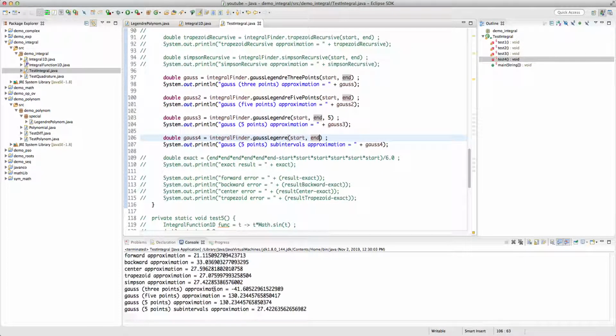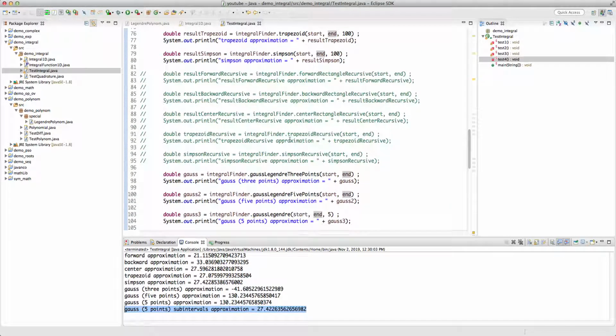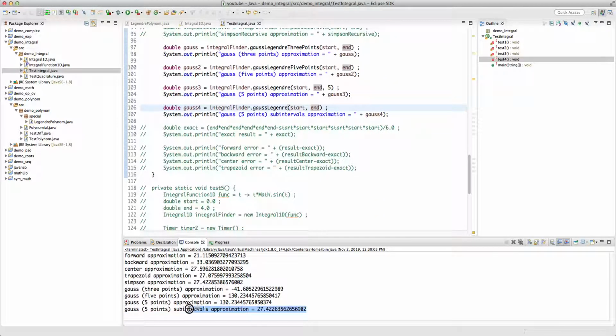So remember, I'm breaking into 100 sub intervals, and it's pretty fast, because 5 point Gauss quadrature is pretty fast. In each sub interval we calculate it and then we sum it up, and it's roughly similar to the Simpson, 27.4228563. All right, so they're pretty close.